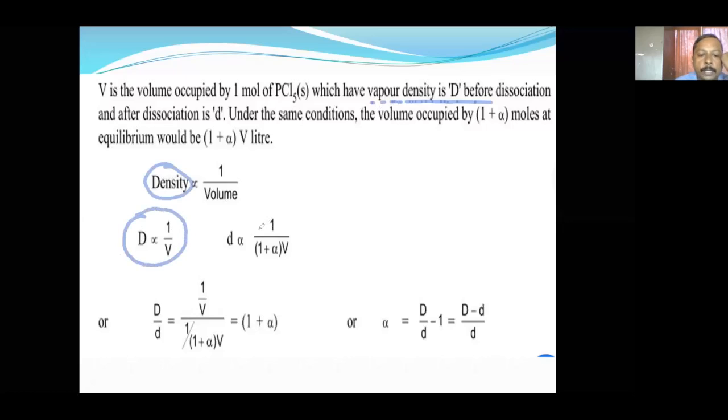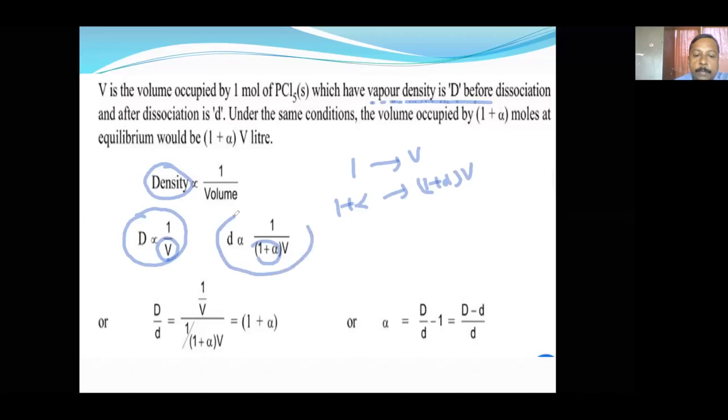Initially only one mole of PCl5 was there. So D is inversely proportional to 1 by V. But after dissociation, 1 mole has given how many moles? 1 plus alpha. If the volume of 1 mole is V, then for 1 plus alpha it will be 1 plus alpha into V.